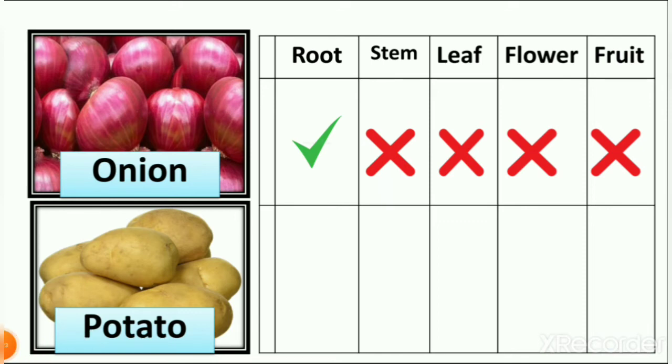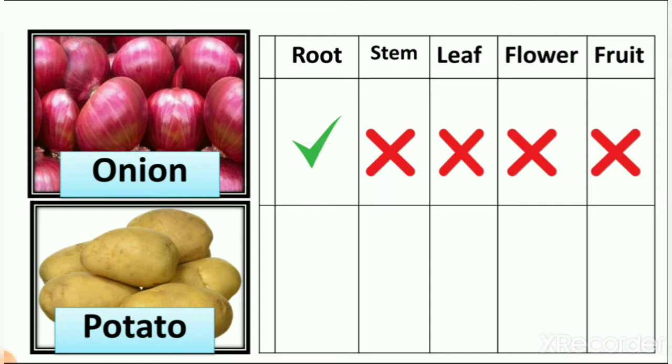When we learned about onion, we learned that some people consider onion a stem also, but in our country most people consider onion a root. So onion is a root vegetable which we eat. So we add onion in the root of the plant.